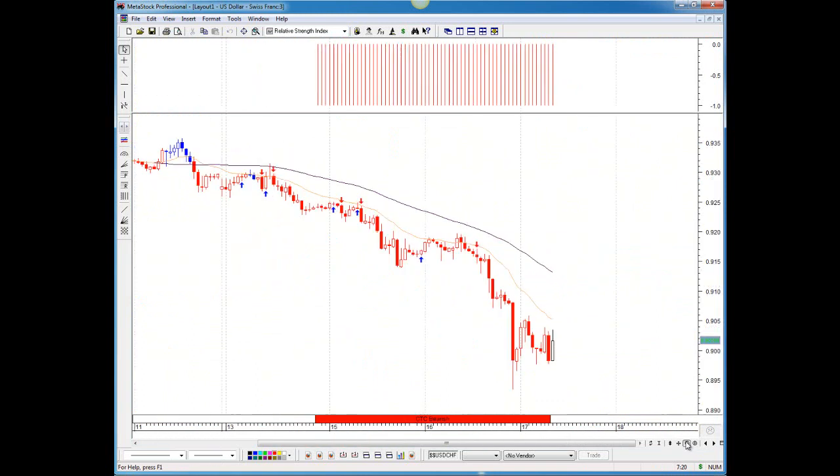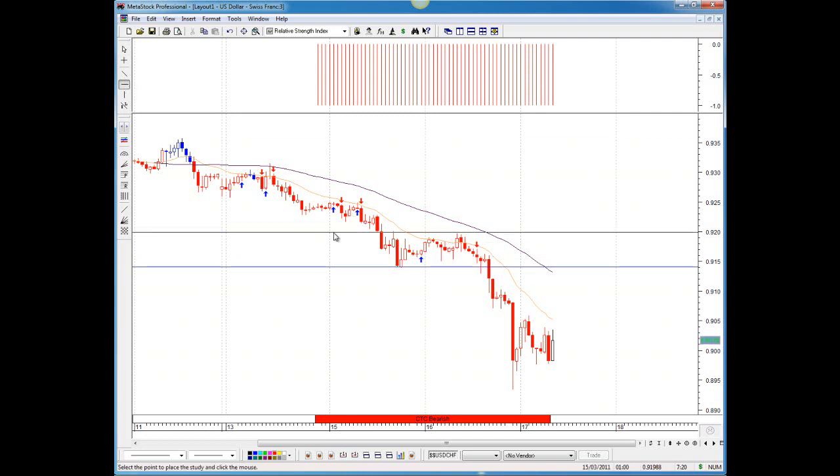If I pull up an hourly, you can see yesterday in particular, after bouncing the day before, you saw it consolidate and then fail to break higher than a previous breakout, and the 50 and the 20 period moving average acting as a resistance level for this pair.